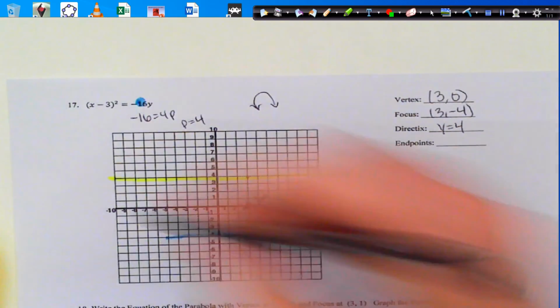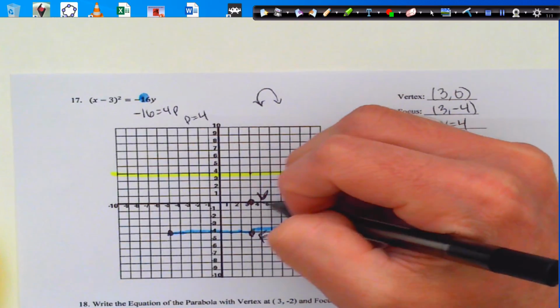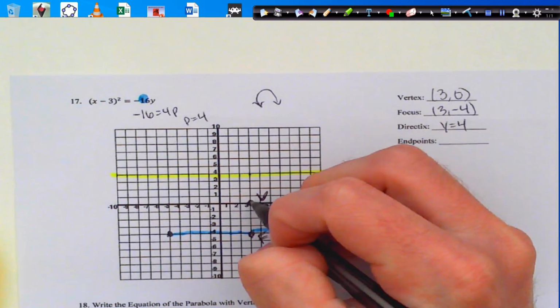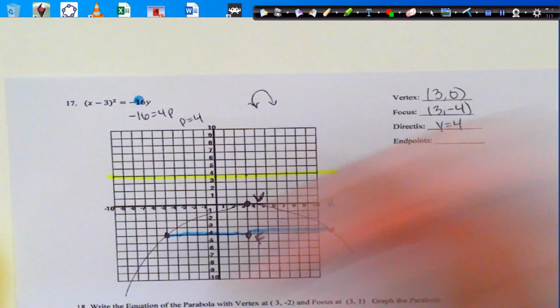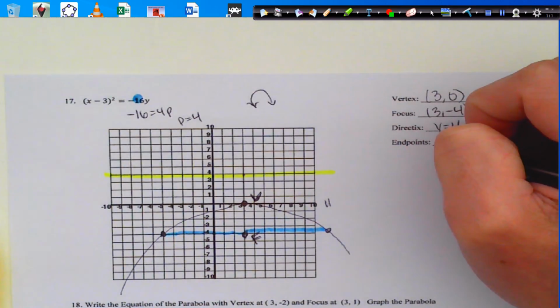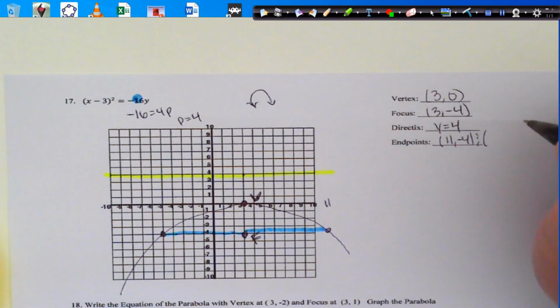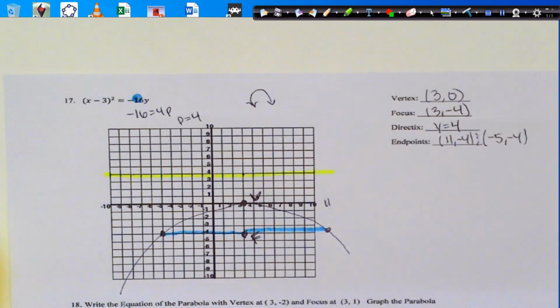Which puts me all the way over here at -5. So that tells me how wide this is. So it's a pretty wide graph. And that's going to be at, what? 11, -4, and it's at -5, -4. All right.